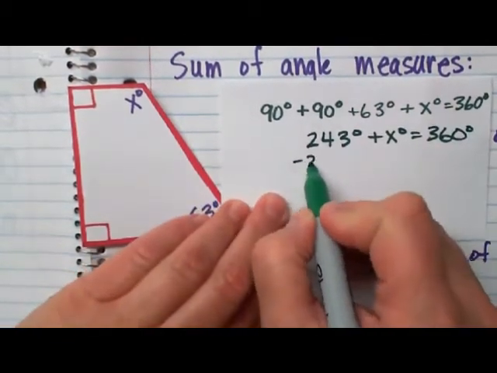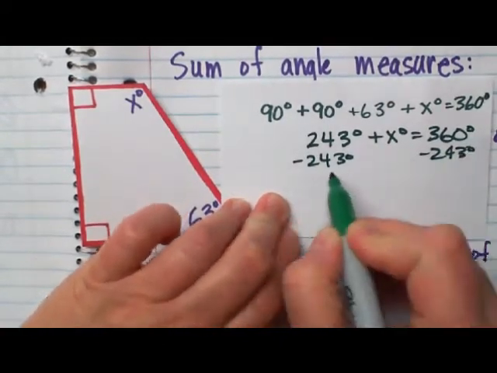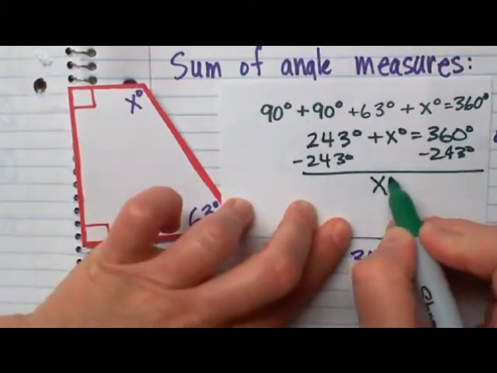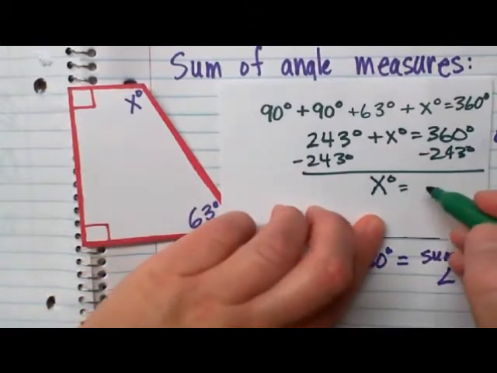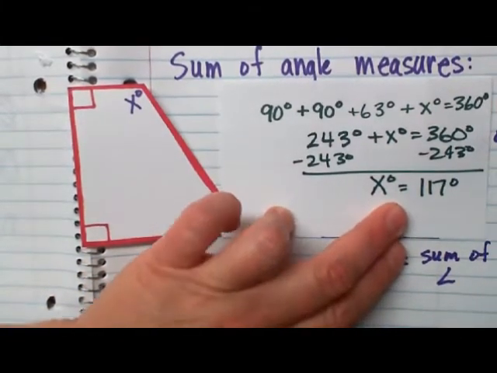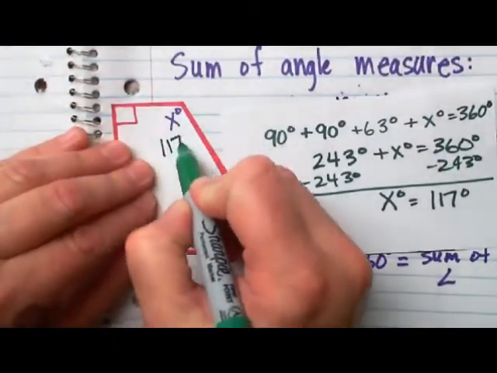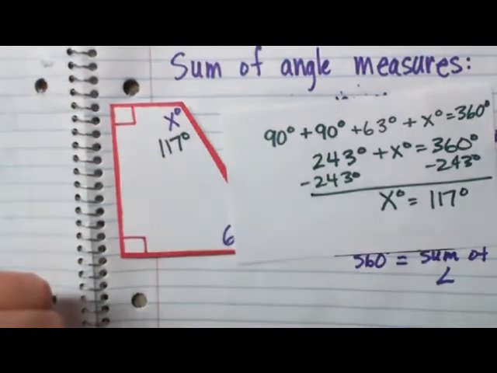I'm going to subtract 243 from both sides to get x degrees equals 117 degrees. So angle x is equal to 117 degrees.